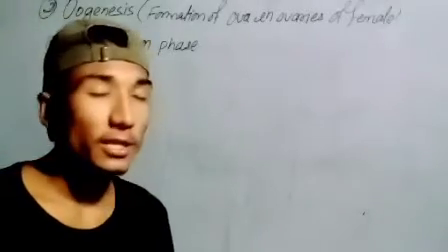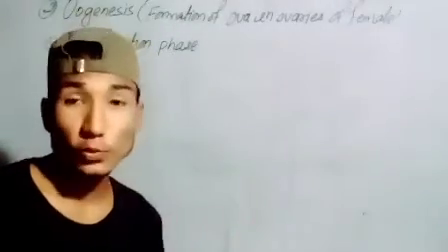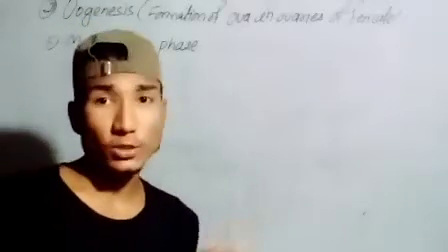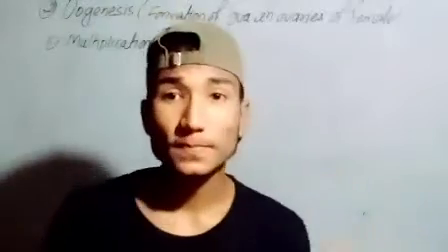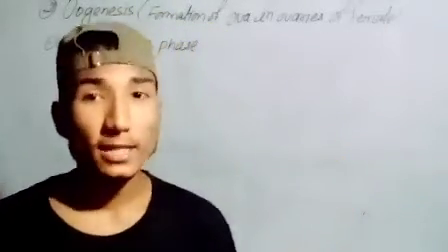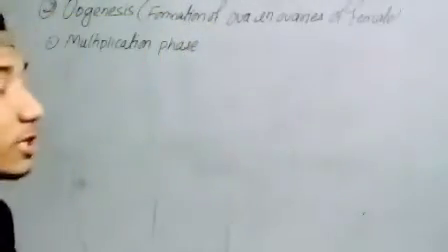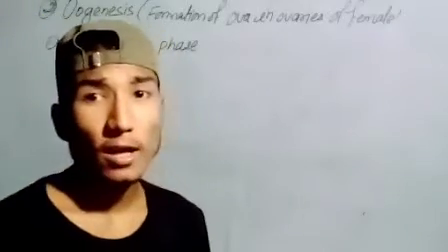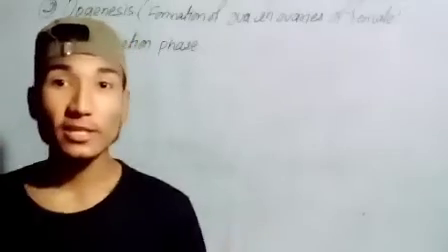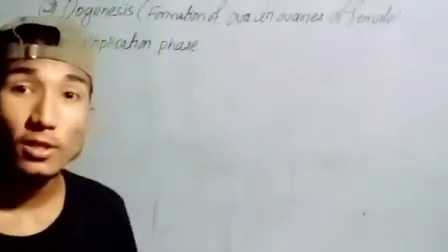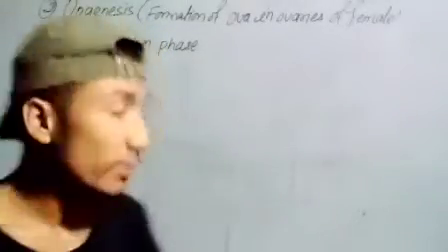In the multiplication phase of spermatogenesis, the seminiferous tubules are lined with epithelial germinal cells. Similarly in this phase, the ovaries are lined with epithelial or primary germ cells.